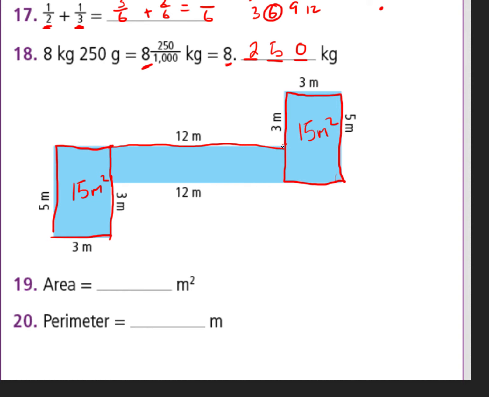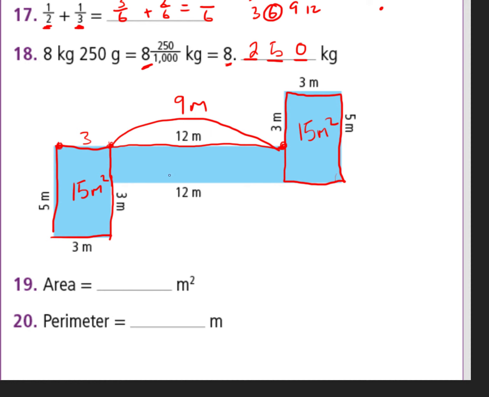Okay, from this point to this point is 12, but from here to here is 3. So we need to take the 3 away from the 12 to get this distance here, and that's 9 meters. So from here to here is 9 meters. It's this 12 take away the 3.